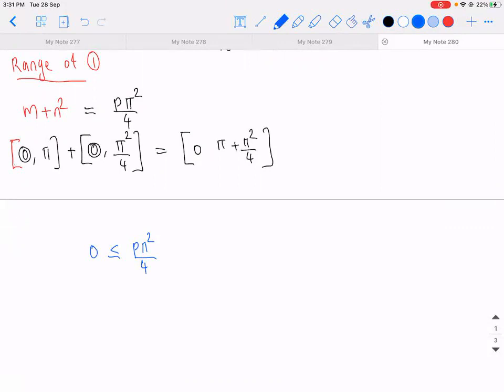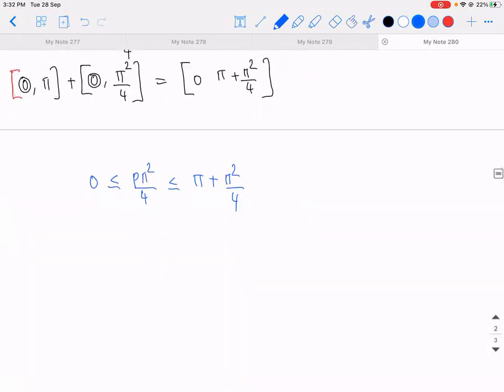Therefore, p pi square by 4 lies between 0 and pi plus pi square over 4. Now, is it possible to divide both sides? Because I just want to find the value of p, I want to simplify this inequality by dividing all these terms by pi square over 4. That will not change the inequality.